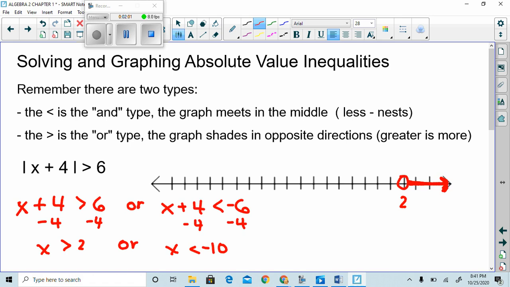Don't know if I have enough points, but let's check. 1, 0, 1, 2, 3, 4, 5, 6, 7, 8, 9, 10. Negative 10 is right here. Open circle, and it says that x is less than negative 10. Ors will go in opposite directions. Greater is more, so or is more.